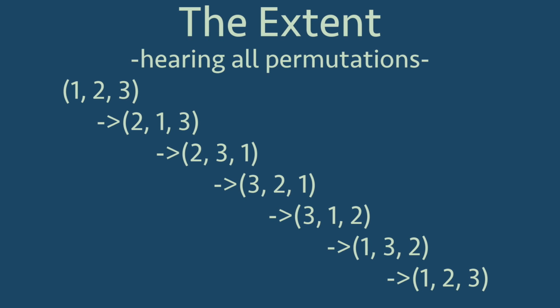However, there is a way to run through the extent of all 6 permutations by changing only 2 adjacent bells each time. The only other way to ring the extent of all 6 permutations is to follow these changes backwards.